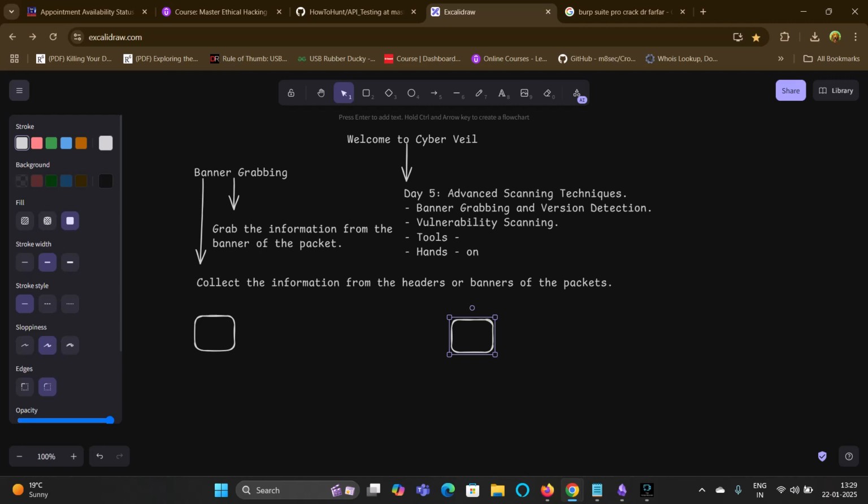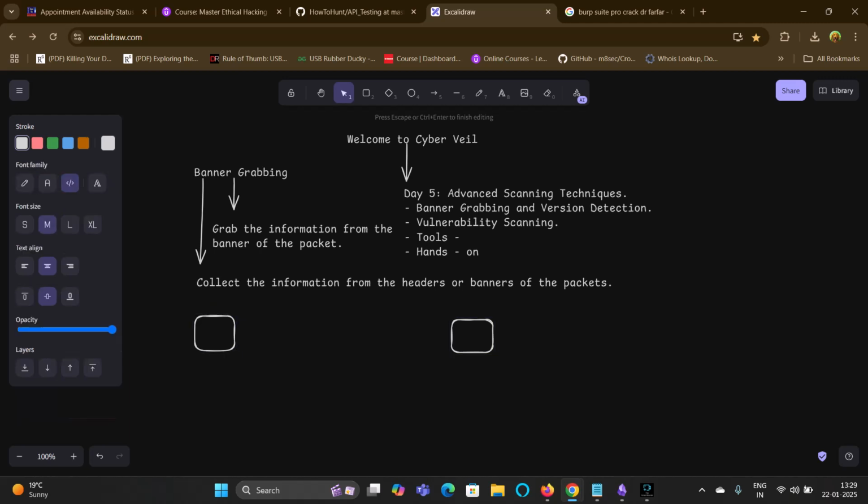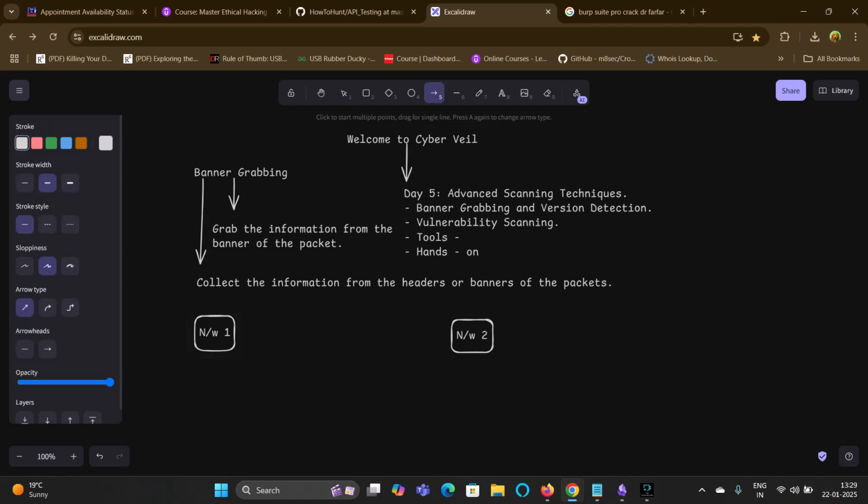Network 1 and network 2, and the data is being transmitted from network 1 to network 2 and from network 2 to network 1. This is the way of transmission actually. We basically transmit our data from one network to another network through this.